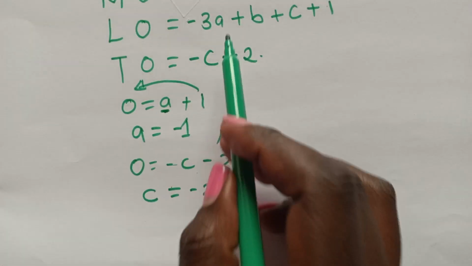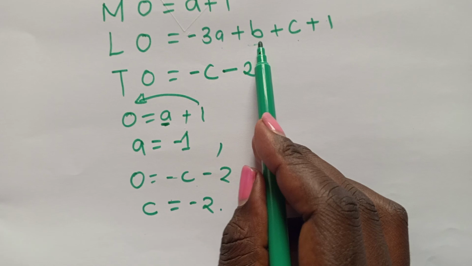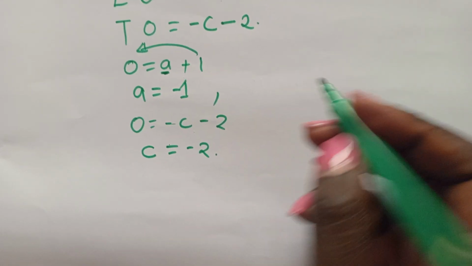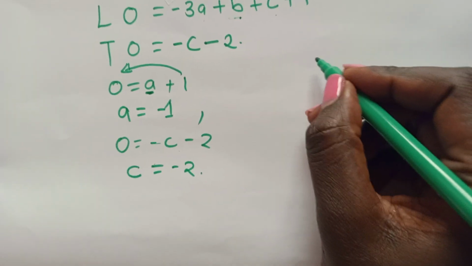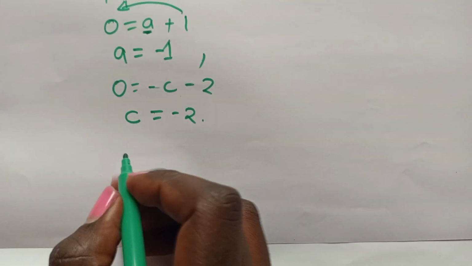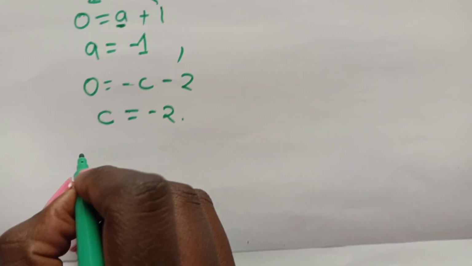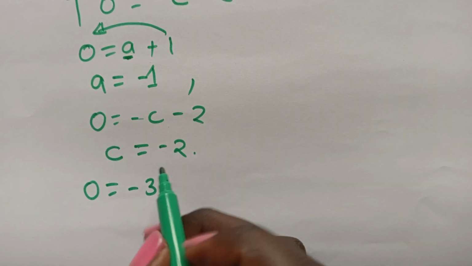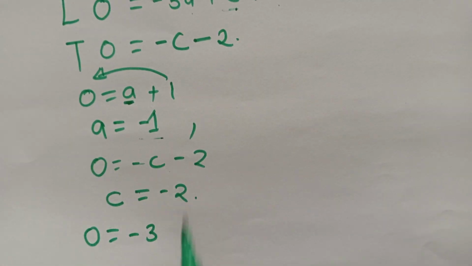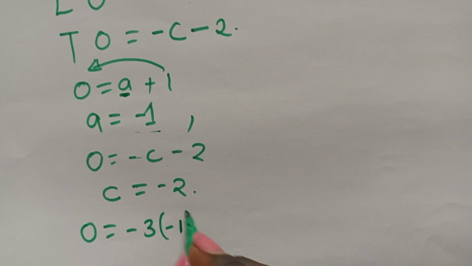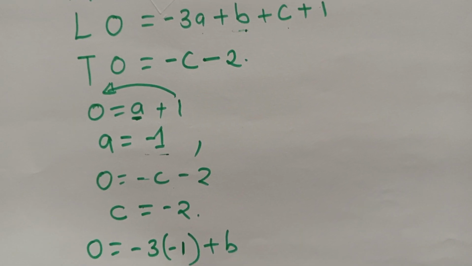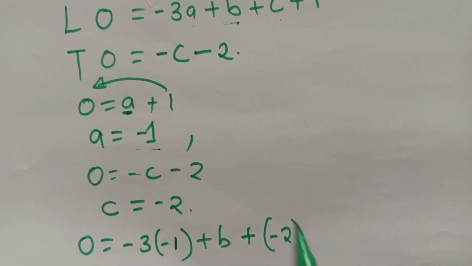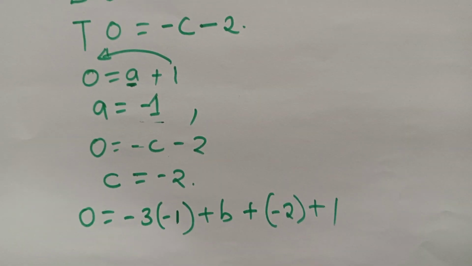Let's get back now and replace A and C so that we can have B as the only remaining unknown here. So from here, let me do it from this side, as is also possible. So we have 0 being equal to negative 3A. So what was the value of A? It's negative 1. So negative 1 plus B, which we are going to find, plus C, which is negative 2, putting it in bracket, plus 1.